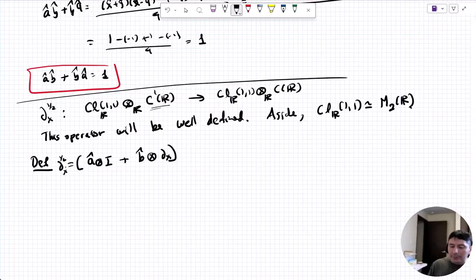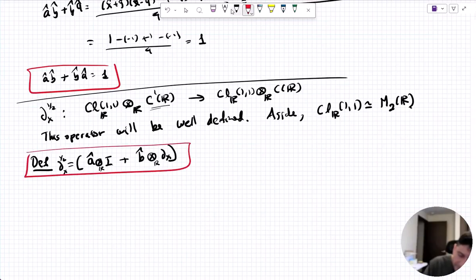Remember, we have a tensor product of algebras. The first operator acts on the first algebra, the second operator acts on the second algebra. So it's a well-defined operator, and this is over the real line, so over the real scalars. This is going to be the definition. Now let's do a small calculation to show that it works.